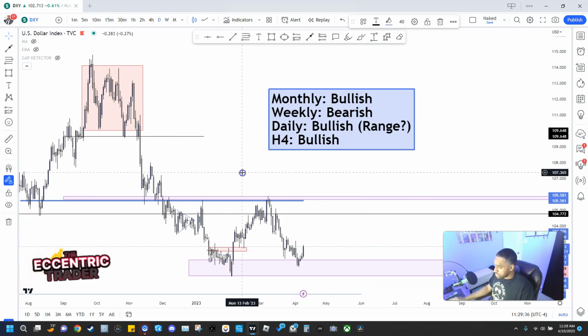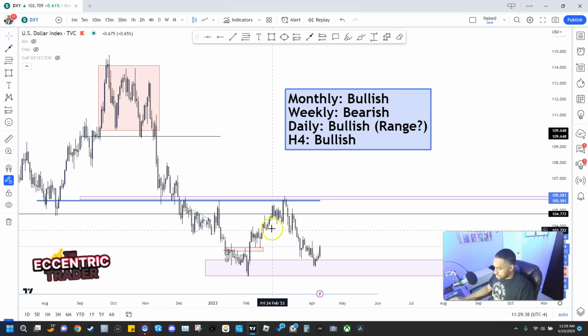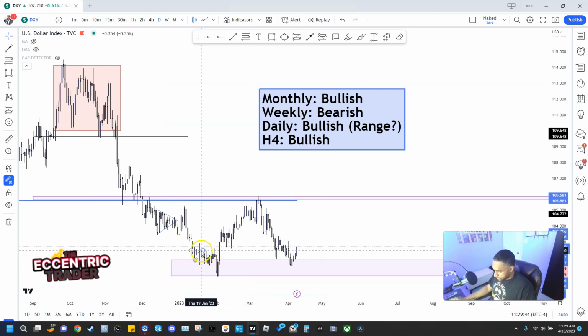I want to say it's bullish because the last high that was broken, the relative high, was right here. It was still broken, and we can use these two candles to identify that, just to mark it off.